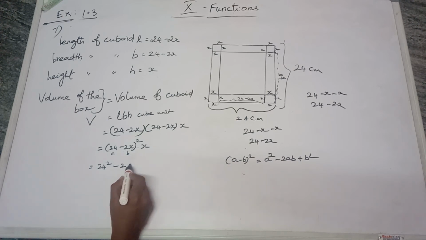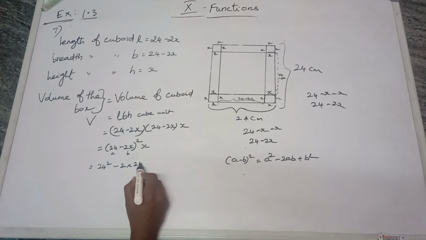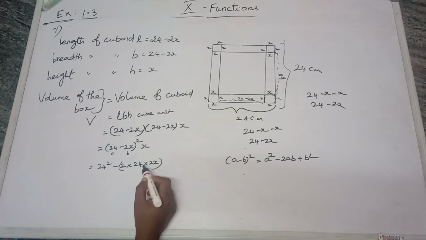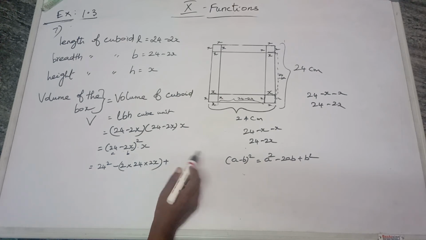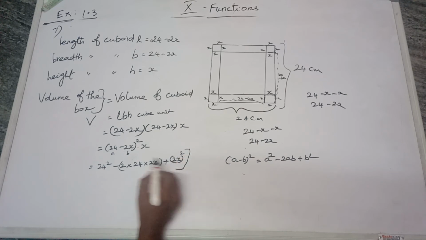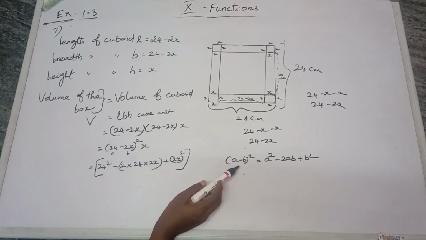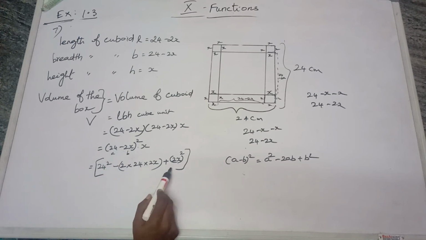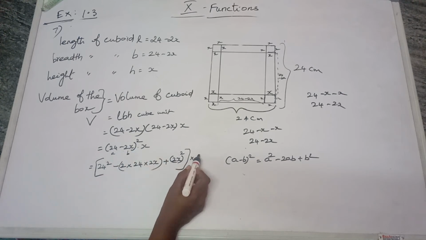Minus 2 into, in place of A we have 24, in place of B we have 2x. You have to put it inside the bracket because it is multiplication, and then plus the B square term, B is 2x, so 2x the whole square. We have expressed 24 minus 2x the whole square in this form, then into x.